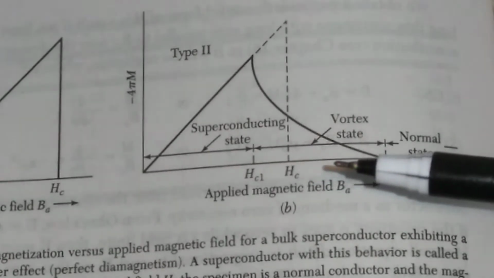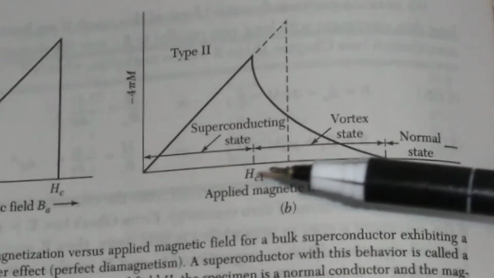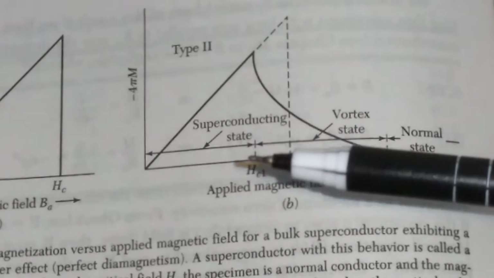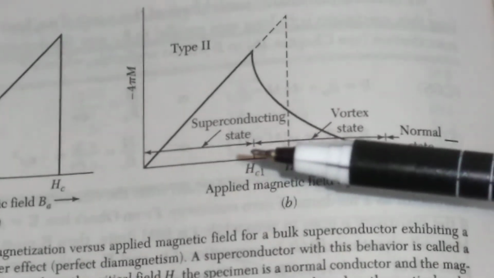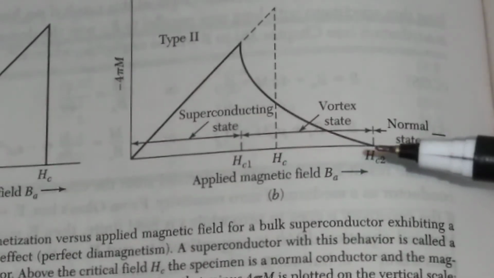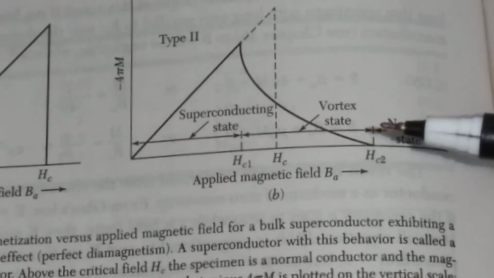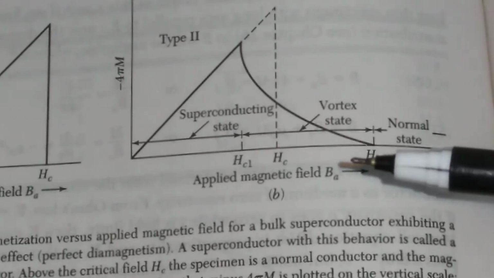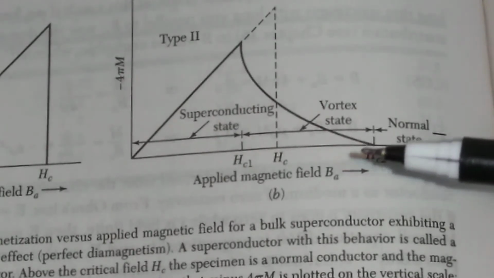From 0 to Hc1, the Meissner effect is complete, where B is equal to 0. But from Hc1 to Hc2, the flux density is not equal to 0. That is, the Meissner effect is said to be incomplete.